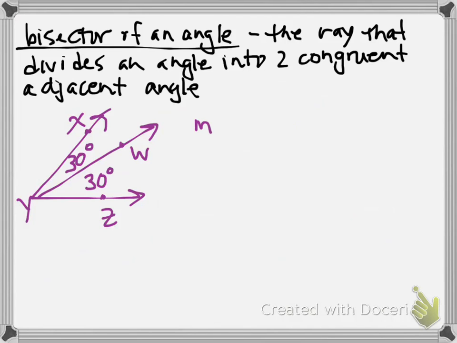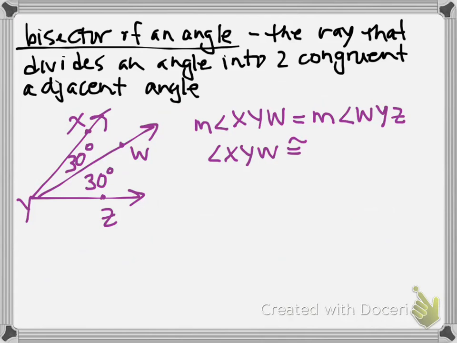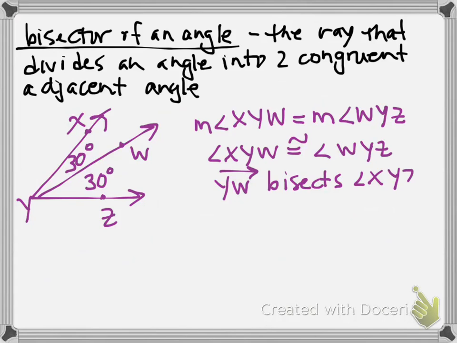First, I know that the measure of angle XYW is equal to the measure of angle WYZ, because they both equal 30. And because I have two angles that have the same measure, those two angles are congruent to each other. And because I have created two angles that are congruent, I can conclude that ray YW bisects the angle XYZ.